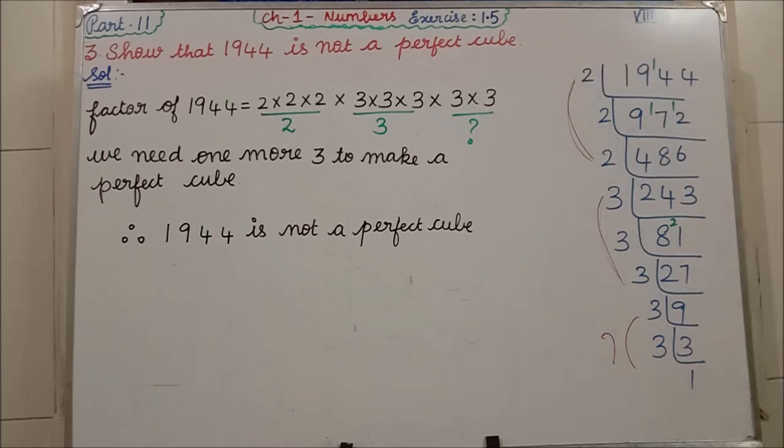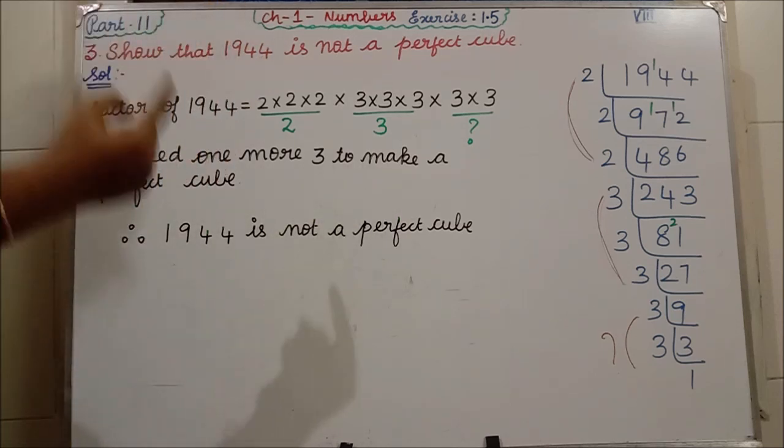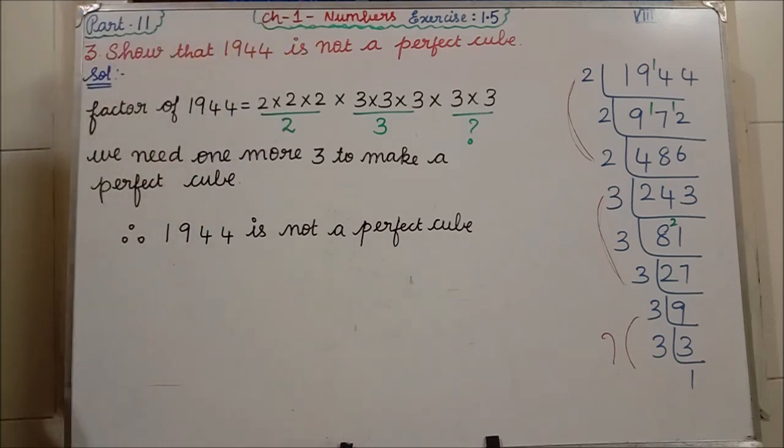See the solution. Factors of 1944 is equal to 2 into 2 into 2 into 3 into 3 into 3 into 3 into 3. As I told you in the introduction part, square root means we have to make 2 2 pairs. 2 2 means you have to take from that 1 2.